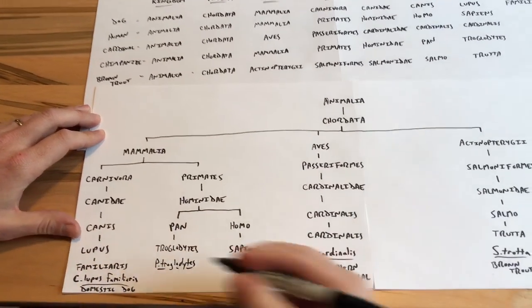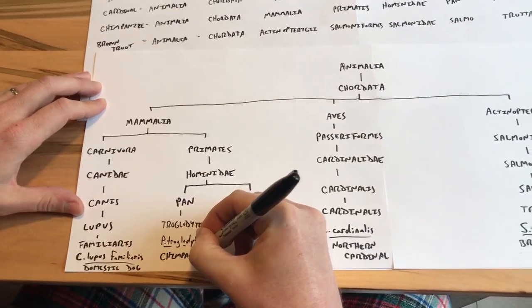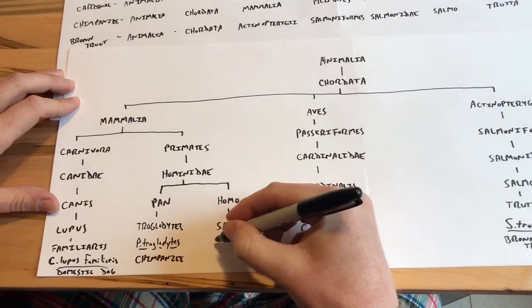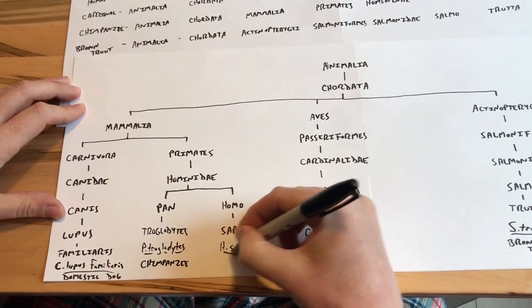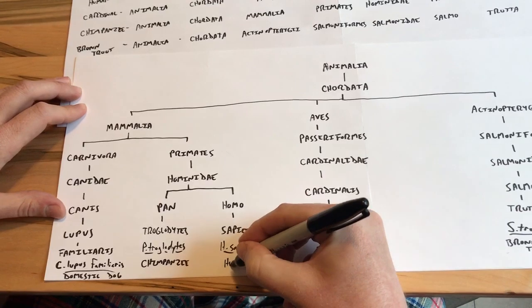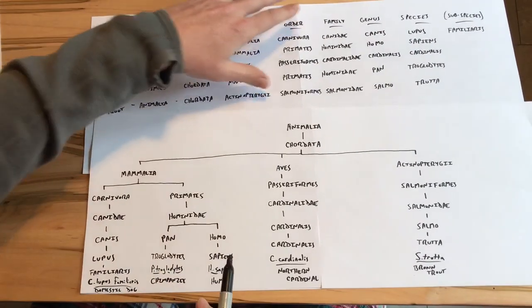Then we underline it. And that's our chimpanzee. And then for the humans, it'd be H. sapiens. And that's a human.